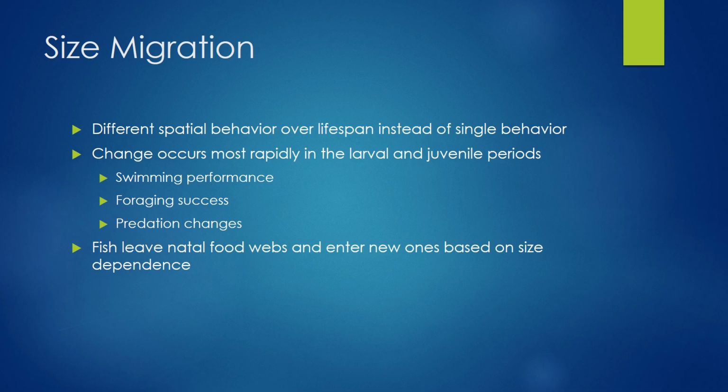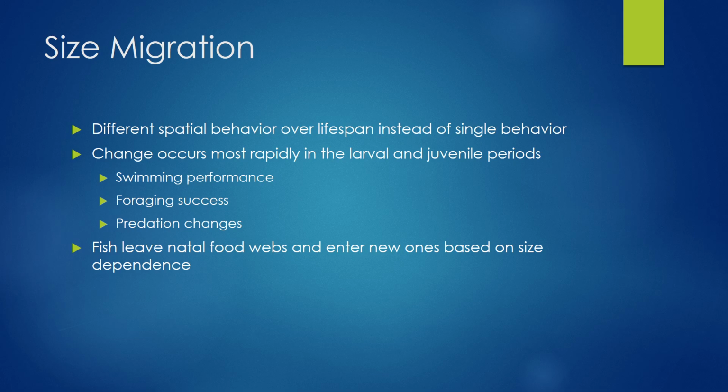Size migration is different spatial behaviors over the lifespan instead of having a single behavior throughout the whole entire lifespan. Changes occur most rapidly in the larval and juvenile periods because of a change in swimming performance, foraging success, and predation chances.